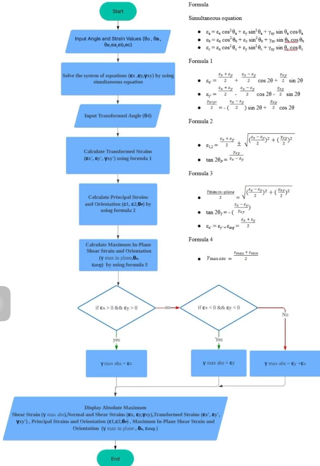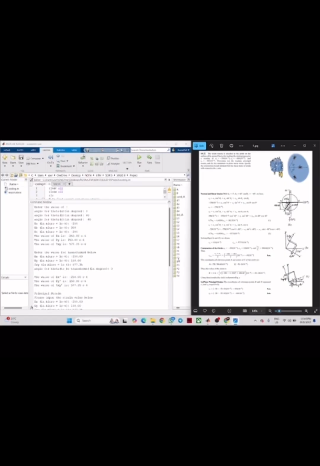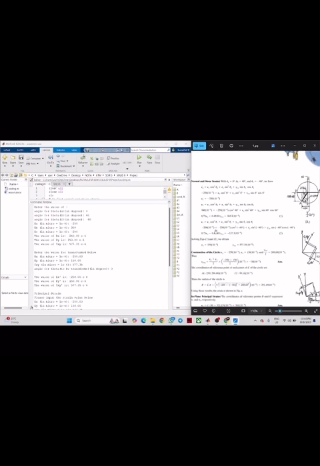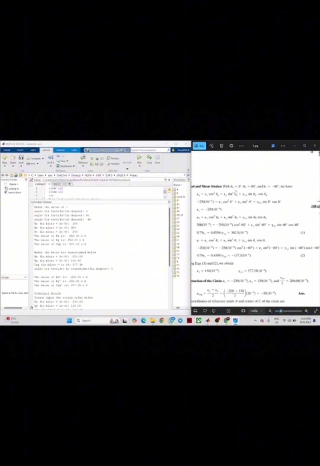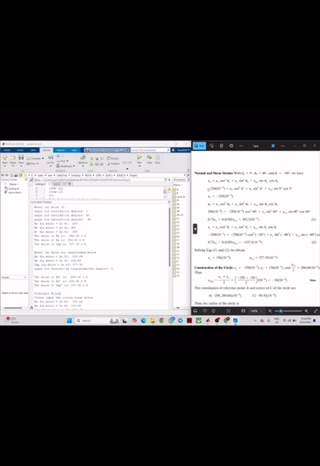That's all for the flowchart. Okay guys, now we're going to the code. So you see this, we enter the values of theta A, theta B, and theta C, which are 0, 60, and negative 60. We enter the values for epsilon A as negative 250 micro, epsilon B as 300, and epsilon C as negative 200.